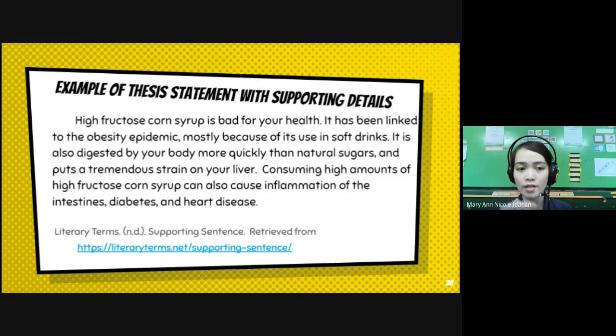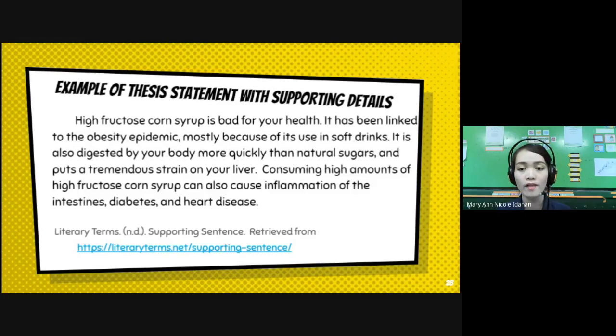This is just an example, class. So for example, this is your thesis statement. Definitely on the body part of your essay, or whatever you may be writing, you have to explain this in a more detailed way.